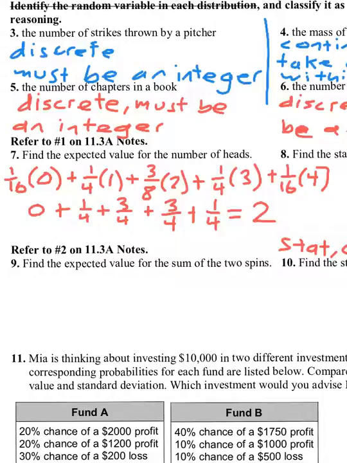You could do it in L3 or L4, just don't forget where you put it. I'm just going to put it in L1. So in L1, I have to put the values for each of the possible sums of 2 spins. So 2, 3, 4. Every integer, I should say, from 2 to 12.